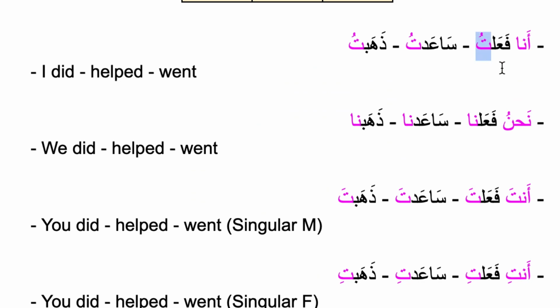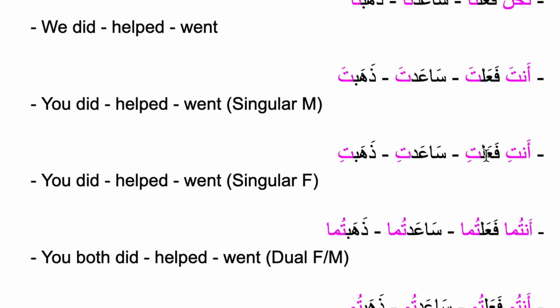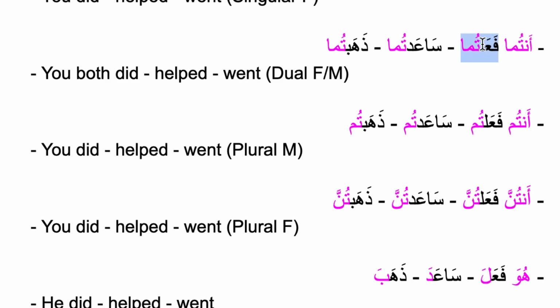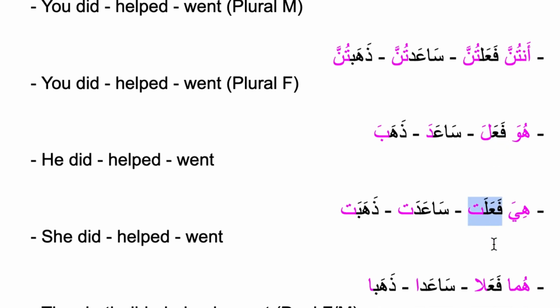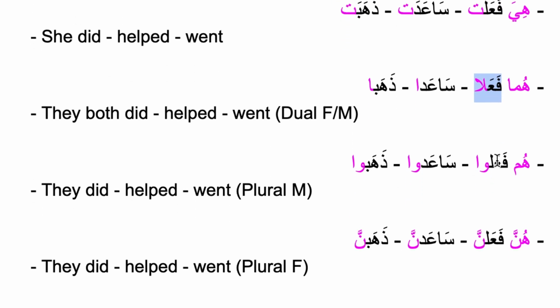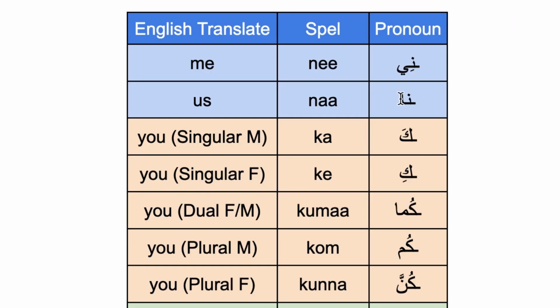For example, فعلتُ, فعلنا, فعلتَ, فعلتِ, فعلتما, فعلتم, فعلتن, فعل, فعلت, فعلا, فعلوا, and فعلن. This lesson is going to be about the object pronouns.